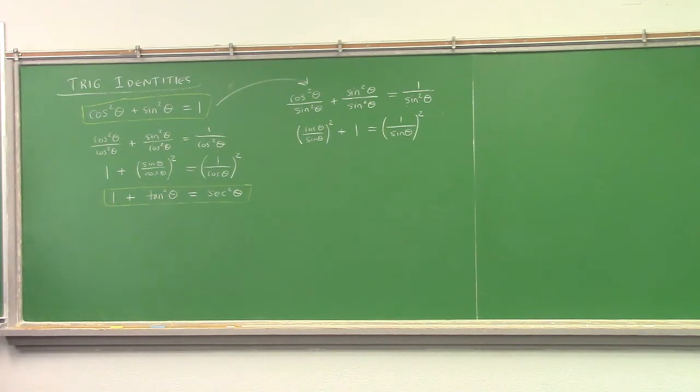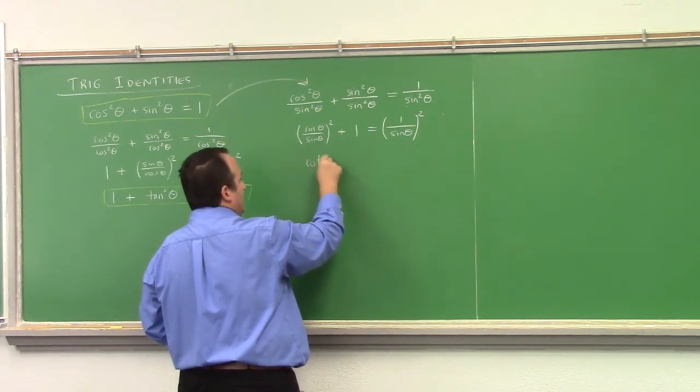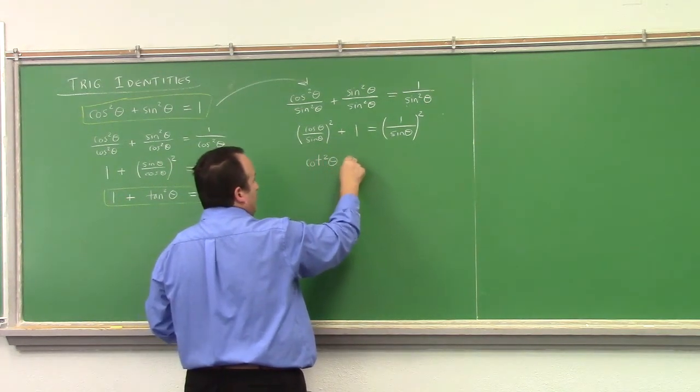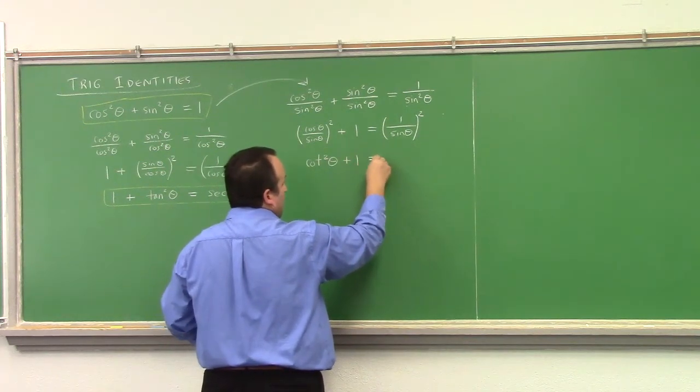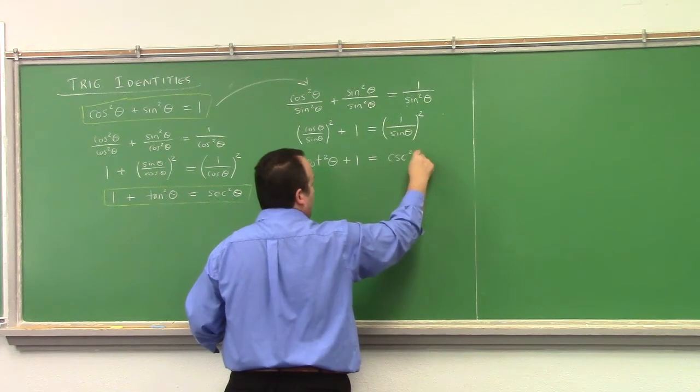What's cosine over sine called? Well, this is the so-called cotangent of theta, right? So this gives us cotangent squared theta, plus 1. Now 1 over sine is called the cosecant, so this is cosecant squared theta.